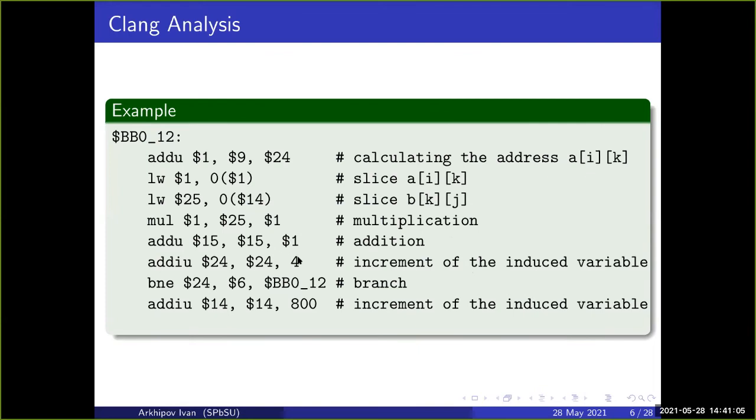So in the loop body we may only add some constant value, but not calculate the address every iteration. Then there is a branch command and again an increment.